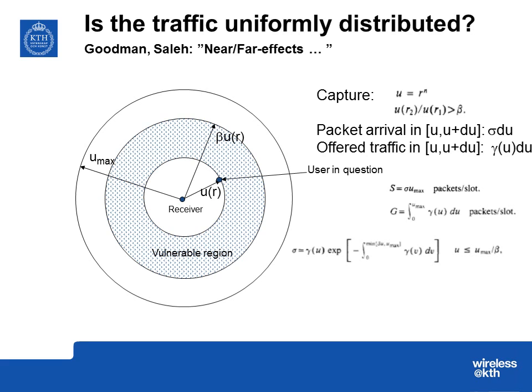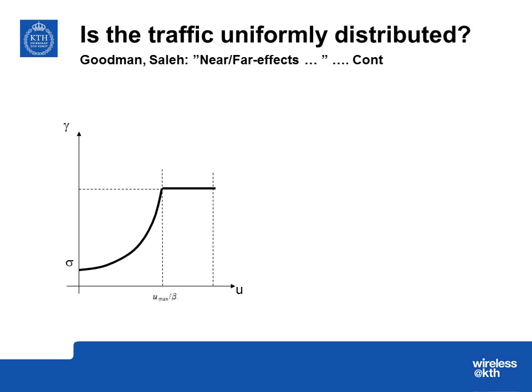And this integral equation we can formulate here as a nonlinear differential equation with the boundary value that gamma 0 should be sigma. And we can now find a solution numerically to this differential equation, and the solution looks in the following way.